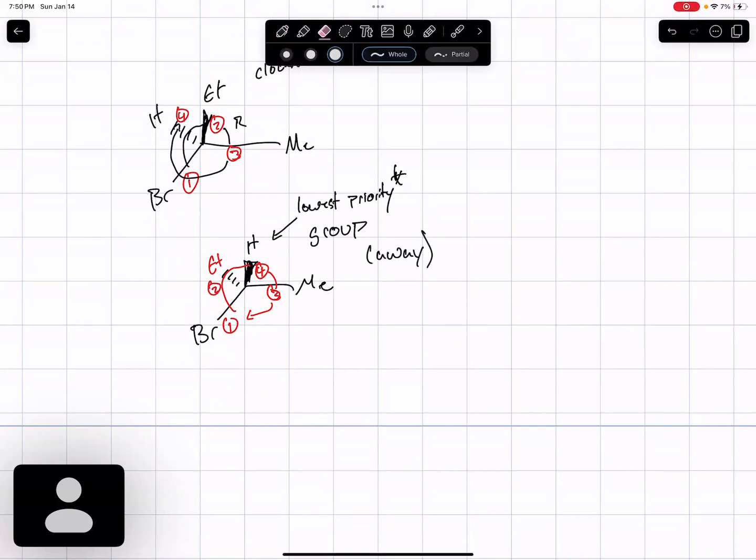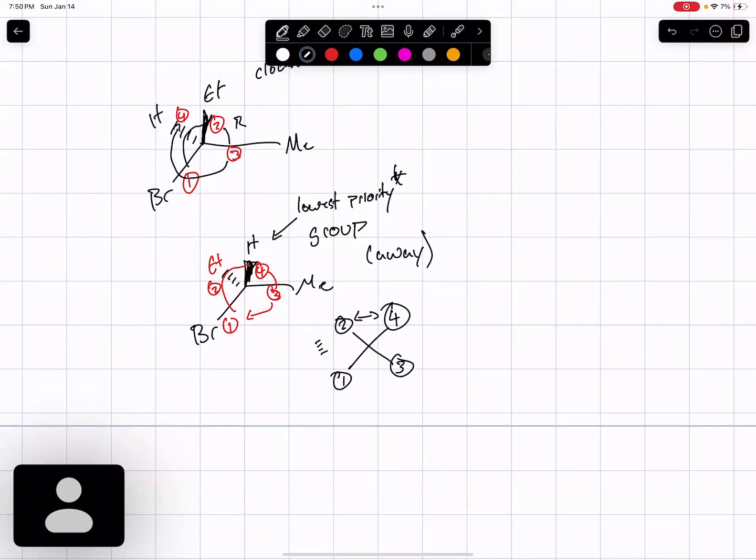So if I did the swap method, this is 1, this is 2, this is 3, and this is 4. I'm basically switching whatever the lowest priority group is with the one that is pointing away from us, the one that's on the wedge. So I would switch 2 and 4.